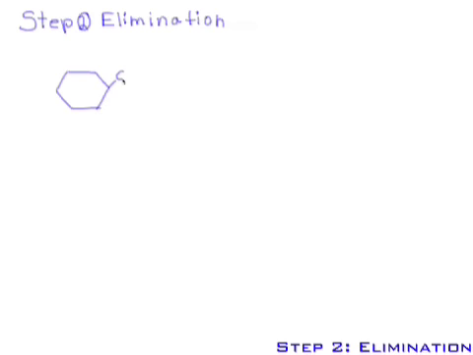So we have Cl, we have NH2. Our nitro is para. And we've got this negative charge and lone pair. Very fast step will be the restoration of aromaticity.